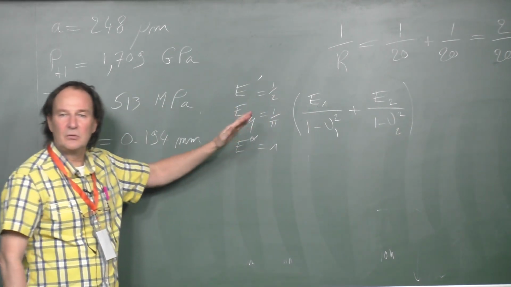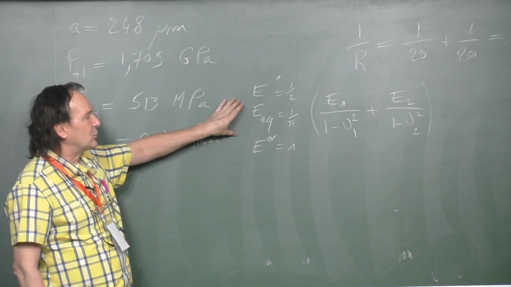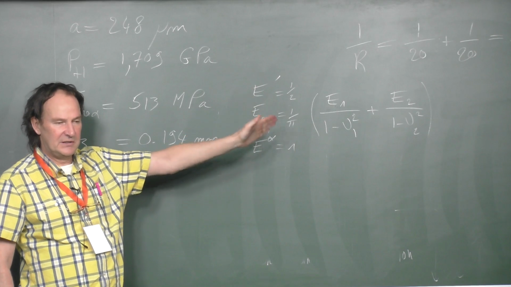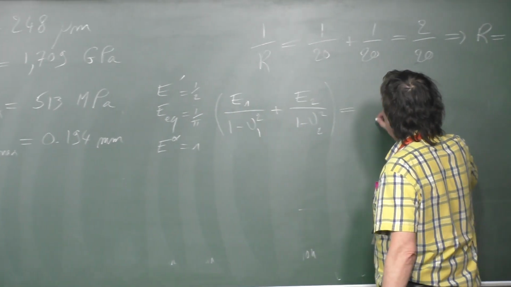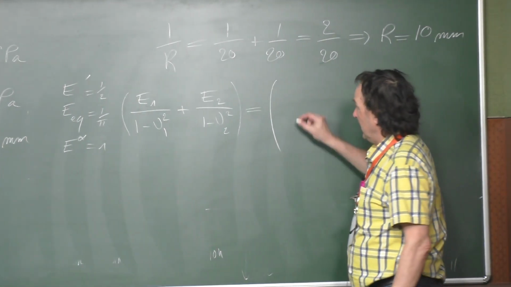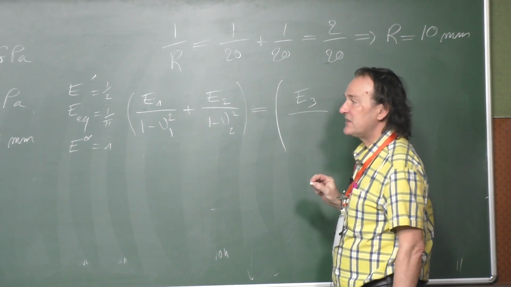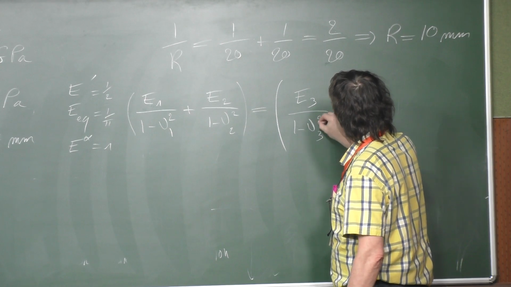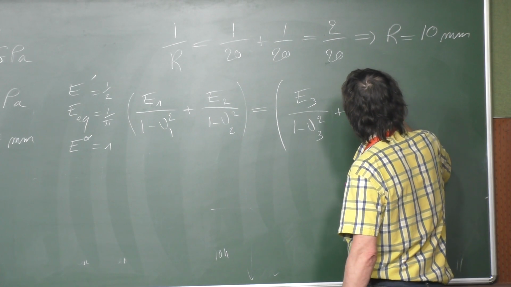Okay, it depends which definition you take, but anyway, the problem should be the same with the initial materials, which is steel plus ceramic, and the equivalent one is we have a third material, which is elastic equivalent, and the last one is rigid.